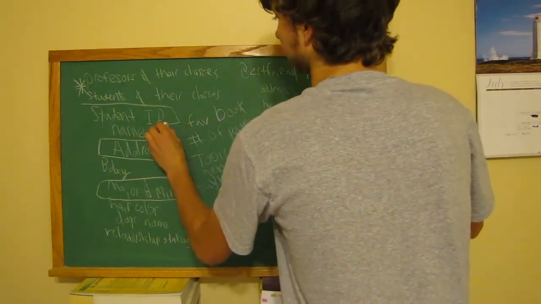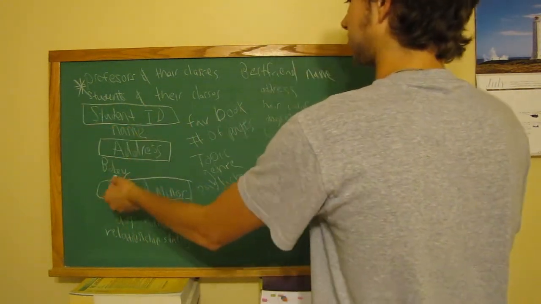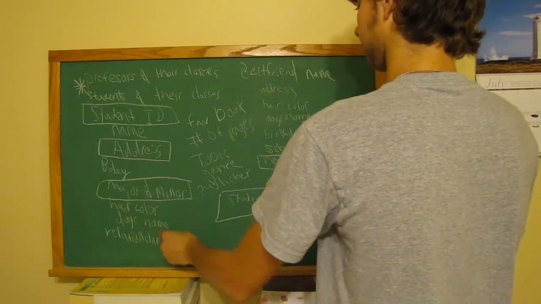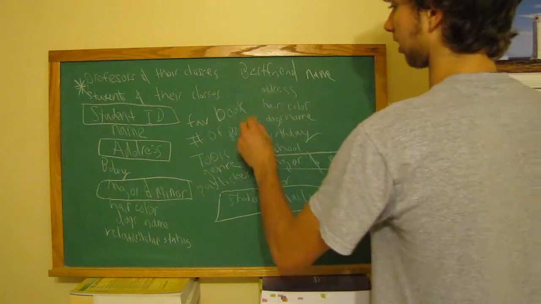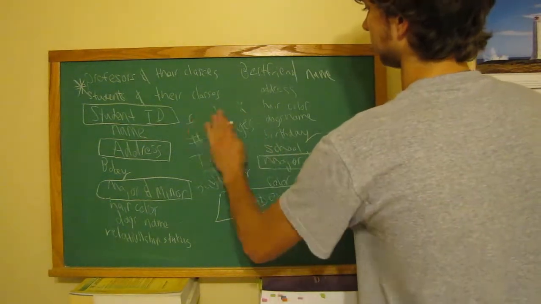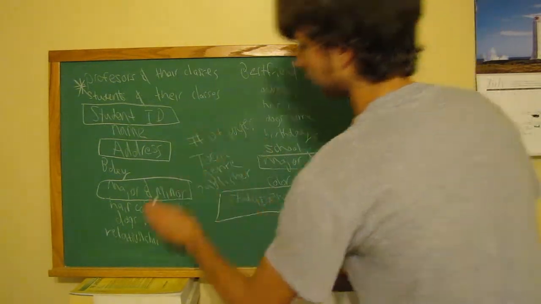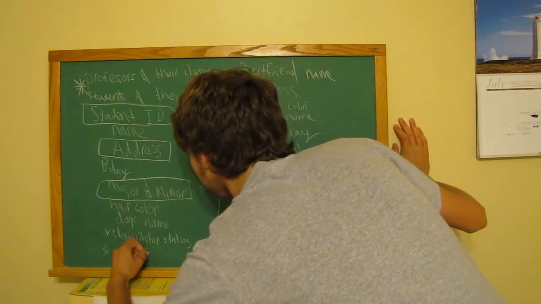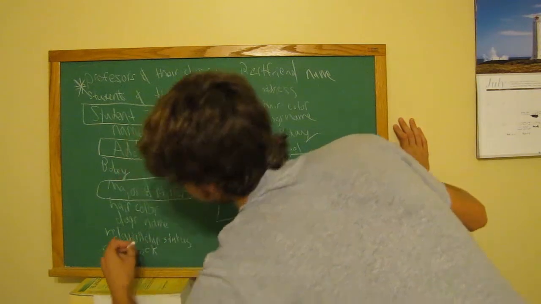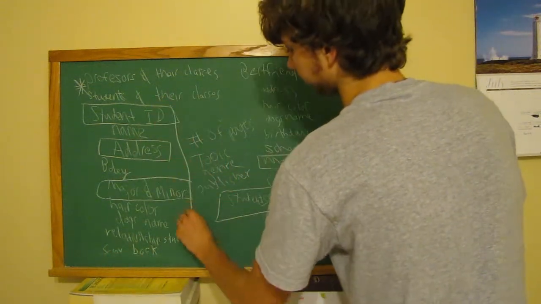So I'm just going to square this. Name, address, birthday, major, minor, hair color, dog's name, relationship status, favorite book. That can all go in one table. So I'm going to move this down here. Fave book, standing for favorite. So this can all be a table.